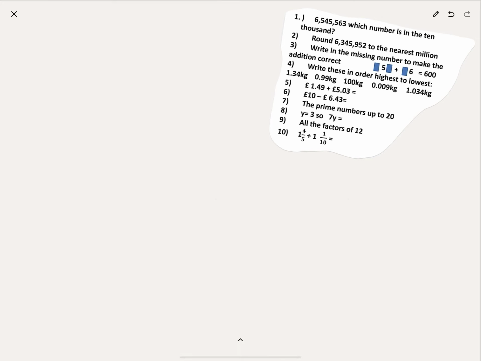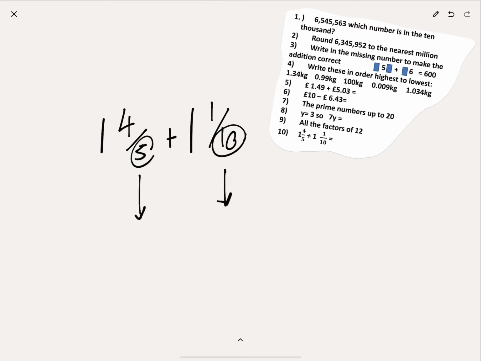And last one, 1 and 4 fifths add 1 and 1 tenth. We can't do anything at the moment because we have different denominators. We've got fifths and tenths. Okay, so we're going to convert. The fifths are going to become tenths, so we can leave this as 1 and 1 tenth.